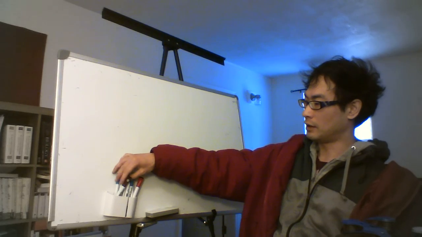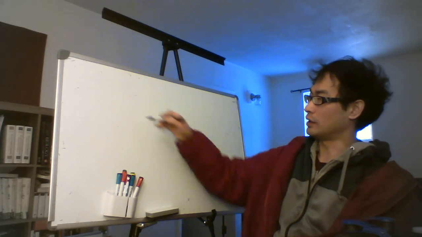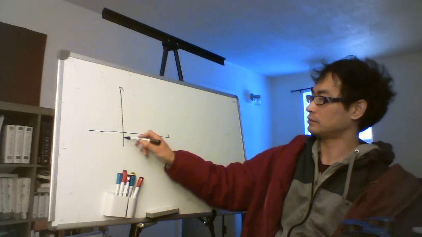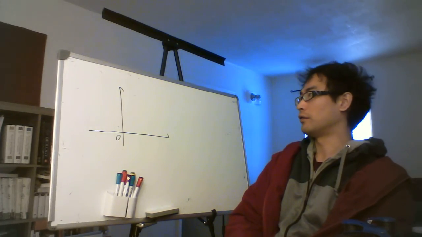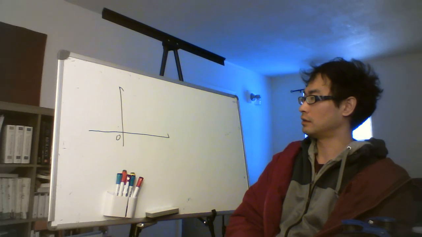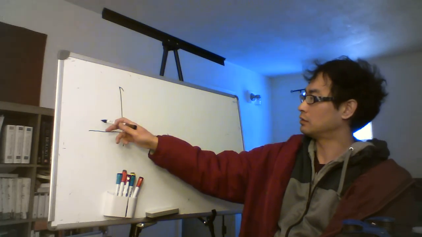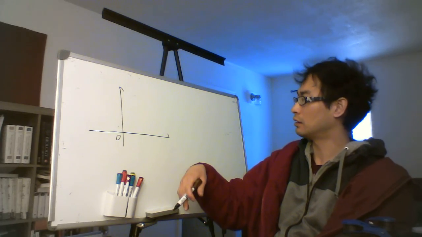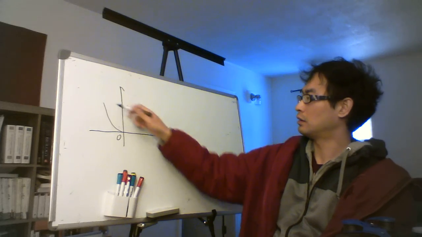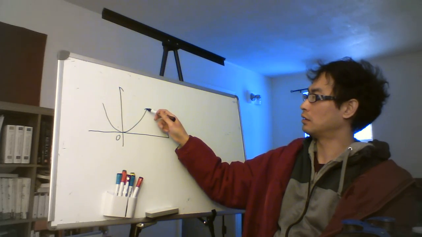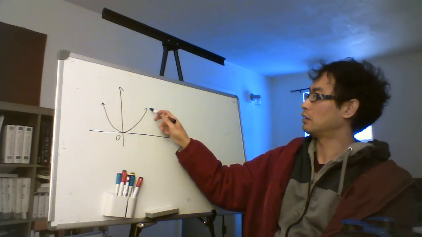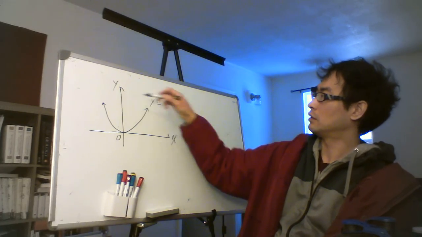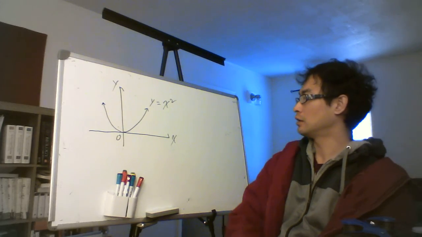Sigma translation, sigma shifting. Okay, we'll do that. Alright, so for example, I refer to this Cartesian coordinate a lot, right? Let's say you have a function, or parabola, y is equal to x squared, right?